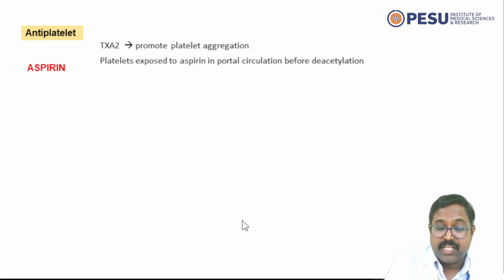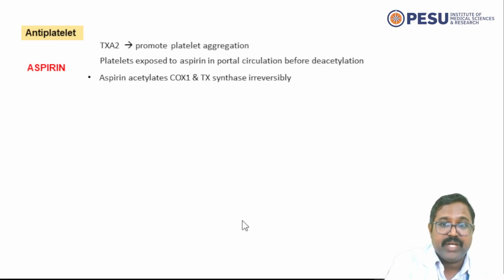When the platelets are exposed to aspirin, where is it exposed? It is exposed in the portal circulation before deacetylation. So before deacetylation of aspirin, platelets will be exposed to aspirin in the portal circulation, and aspirin will acetylate the COX-1 as well as the thromboxane synthase enzyme irreversibly.